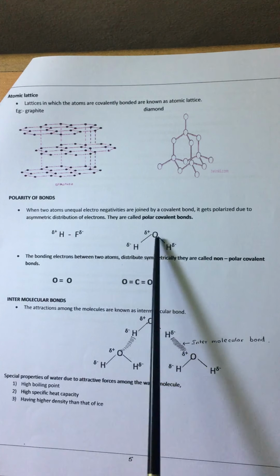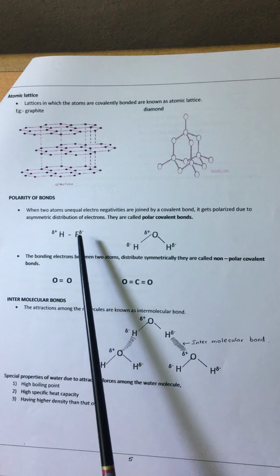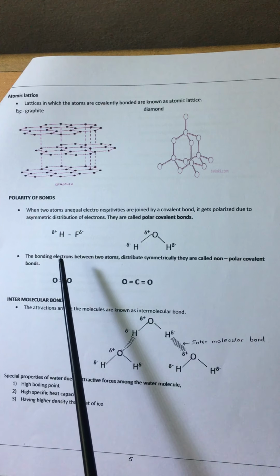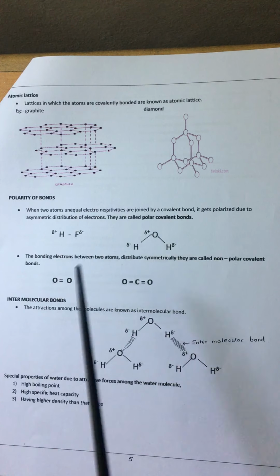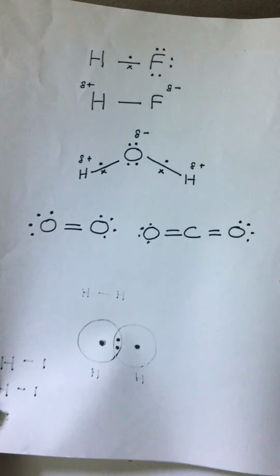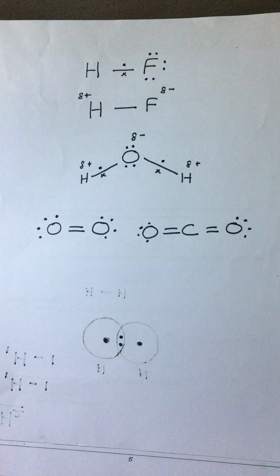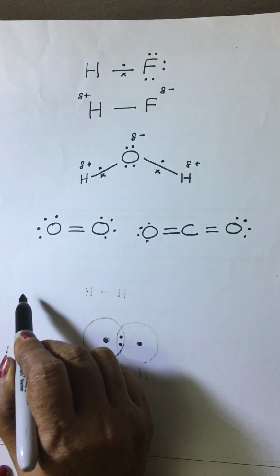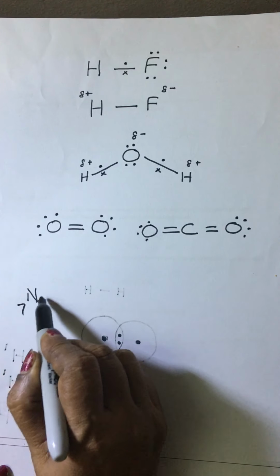Mostly the polar property is formed by group 5, 6, 7 elements. When you see the group 5 atoms, group 5 means 5 electrons in the external orbit. For example, nitrogen is 2, 5.